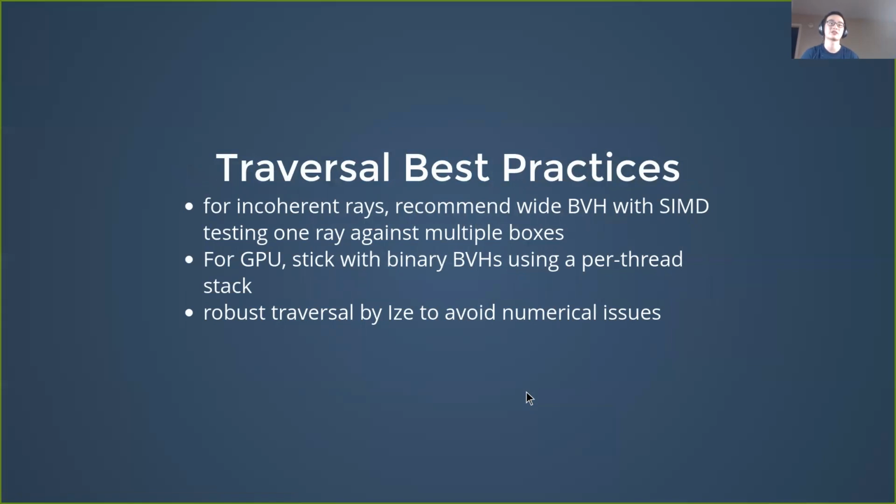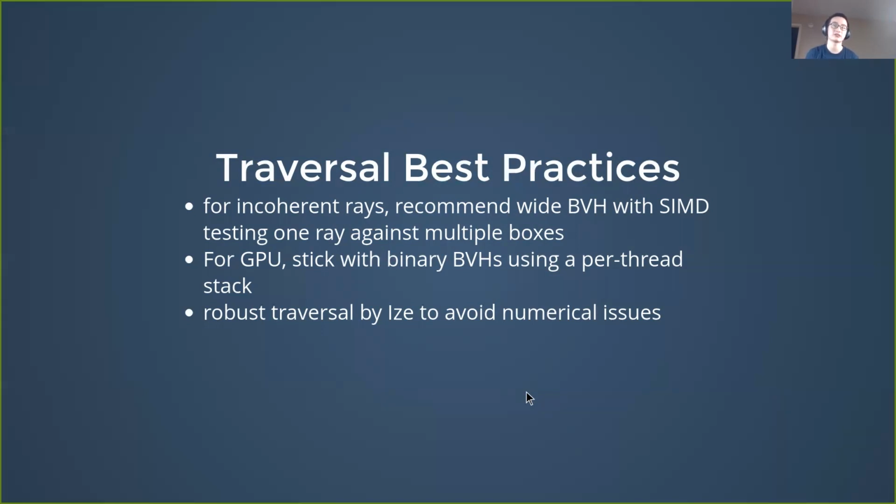For traversals, for incoherent rays, the paper recommends wide BVH with SIMD testing one ray against multiple boxes, instead of streaming traversal where we have multiple rays to test against a single box, if we have a lot of incoherent rays.